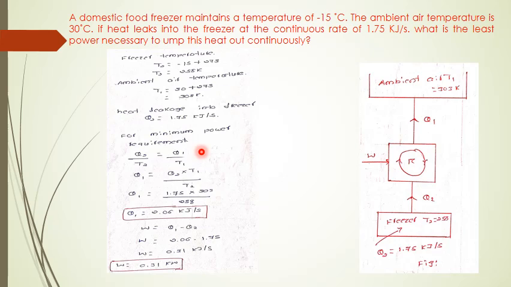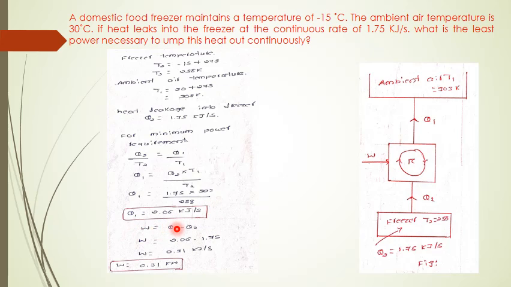For minimum power requirement, if you use the corollary theorem of Carnot, which we have seen in the earlier slide, then the heat rejected to the ambient, or the surroundings, is 2.06 kilojoule per second.